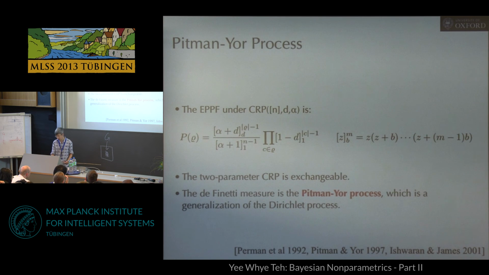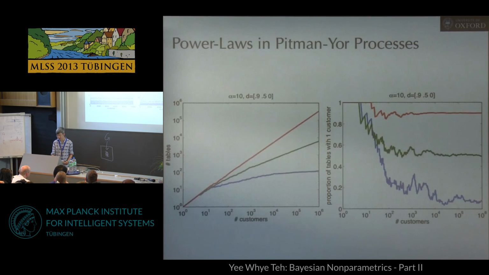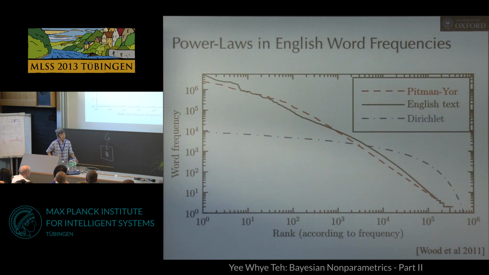Because the Dirichlet process is not able to model the fact that in the English language, at least on the web, most of the words that you see, you only see once. So there's a huge number of words that you only see once and you never see again.